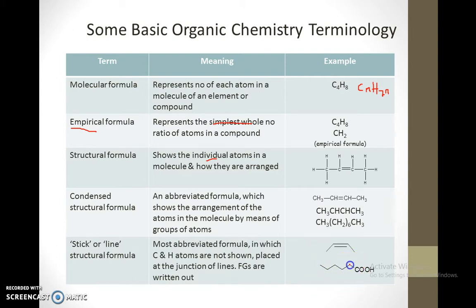Each dot here represents a carbon. We know that each carbon must have 4 bonds. So here, 1 2, it hides another 2 bonds. So the other 2 bonds here are hydrogen.